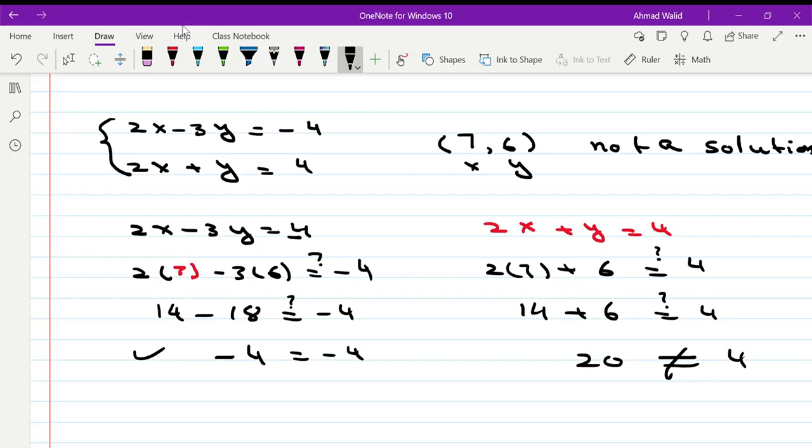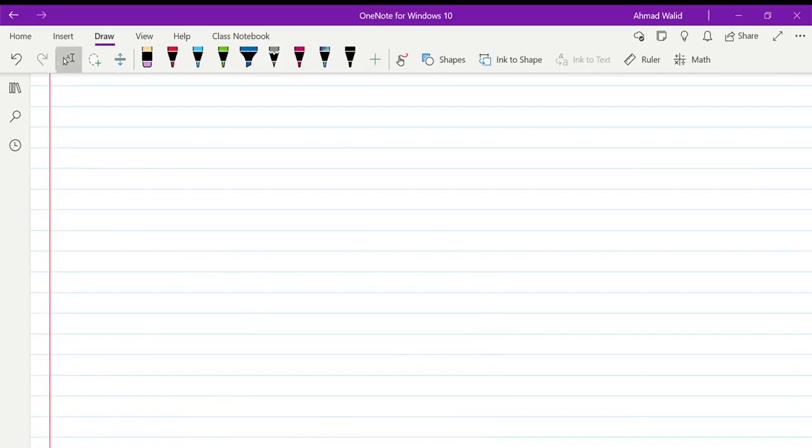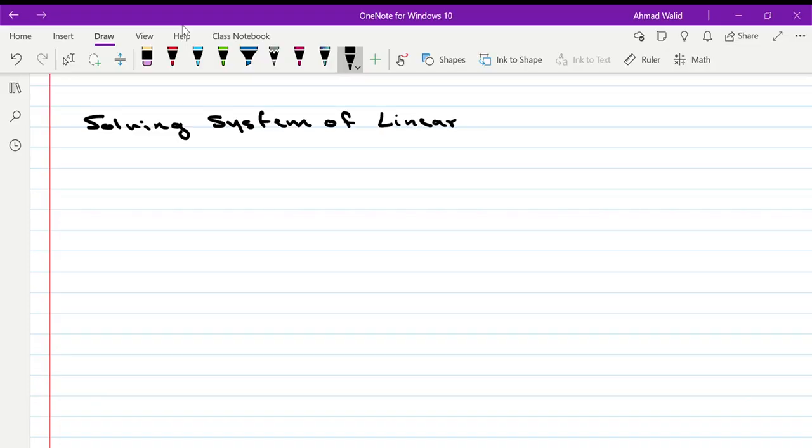Now, after we learn this topic, we want to discuss solving systems of linear equations in 2 variables, correct?